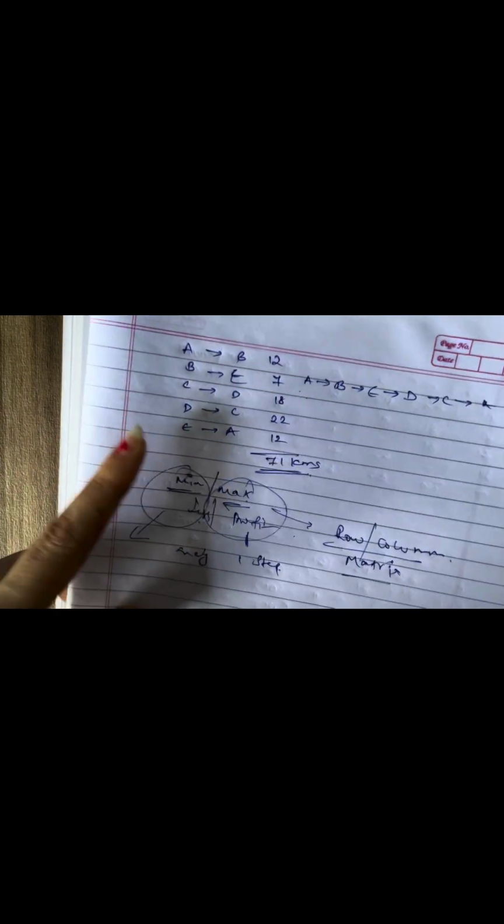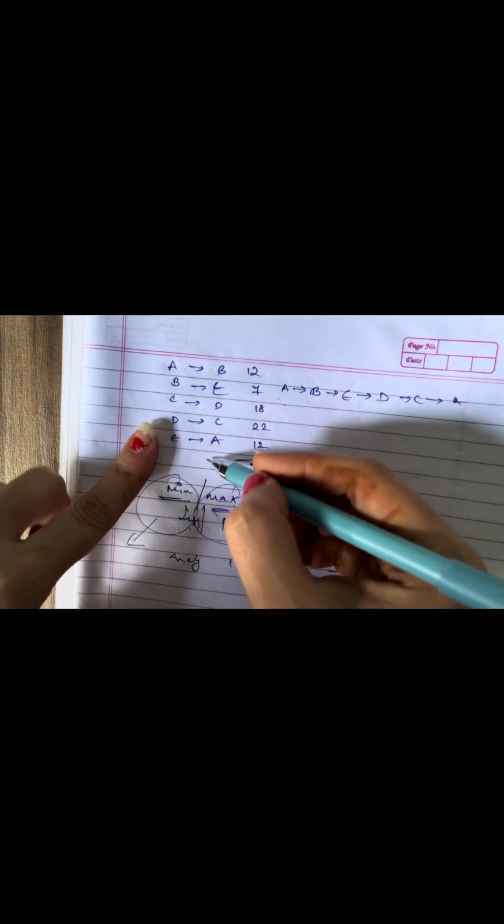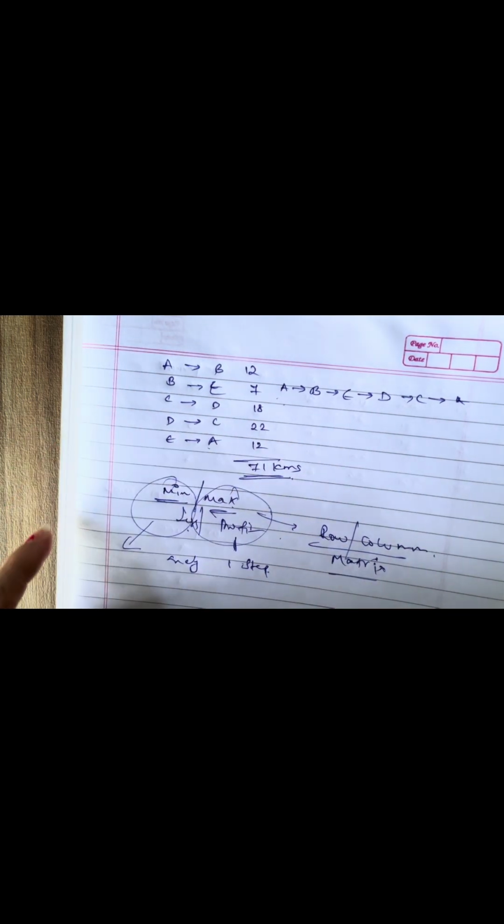Now after doing this, you have to give your final answer. See how I have noted it down: A to B, B to E, C to D, D to C. Here you have A, from, and this is to. So from A to B, the same thing I have written.